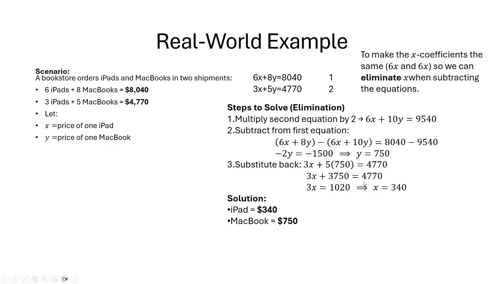We got to subtract that from both sides, which will give us 1,020. We divide that by 3 on each side to get x by itself, and x equals 340. So the solution is iPads equals 340 and MacBooks equals 750.